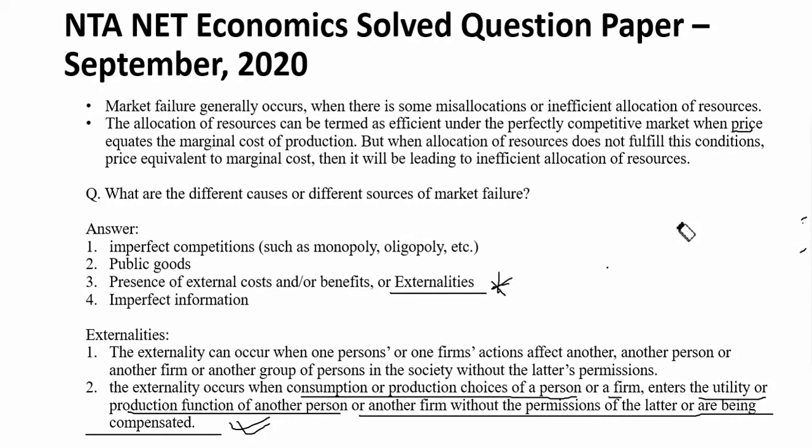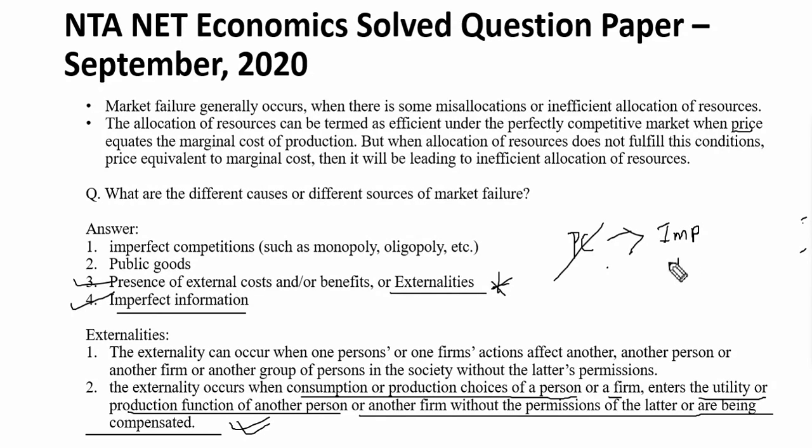Because of this reason also, there is market failure. Finally, there is imperfect information, right? When there is no perfect competition, there will be imperfect information.